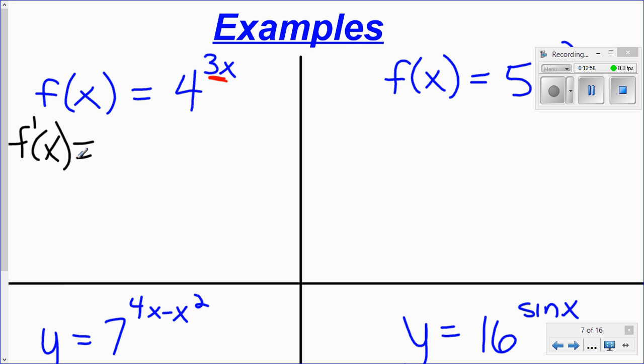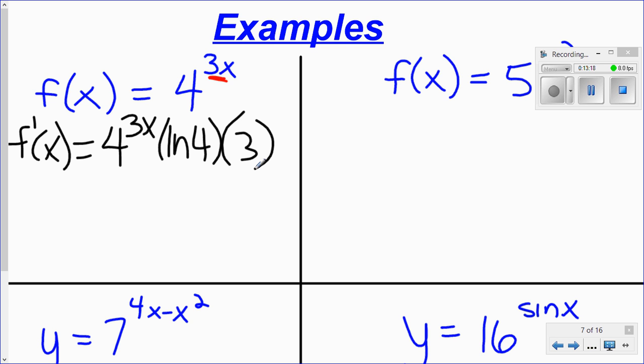So here I would start with, okay, the derivative is 4 to the 3x power. Now, because the base is not e, we're going to multiply by natural log of the base, so times natural log of 4, and then times the derivative of the exponent, so derivative of 3x is 3.